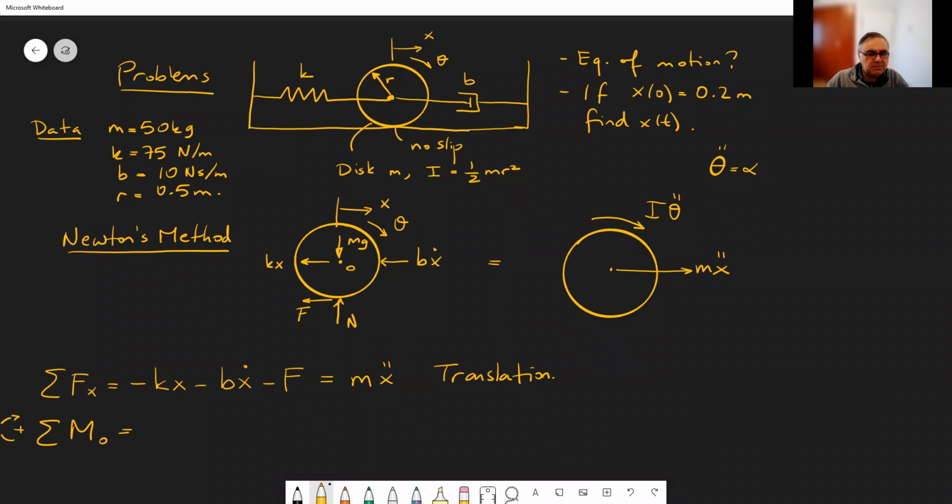In this picture, if you take moments about O, none of the forces have a moment except F. So it is F times R equal to I theta double dot, which is equal to 1 over 2 m R squared theta double dot. So this is the rotation equation.